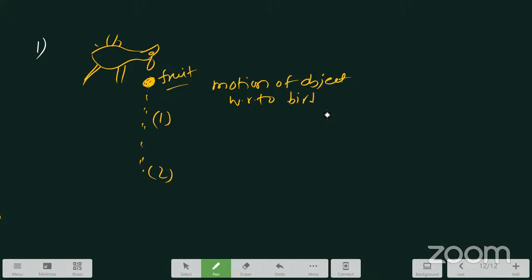You know, any body released from a certain height: with respect to the bird, it is moving vertically downwards.